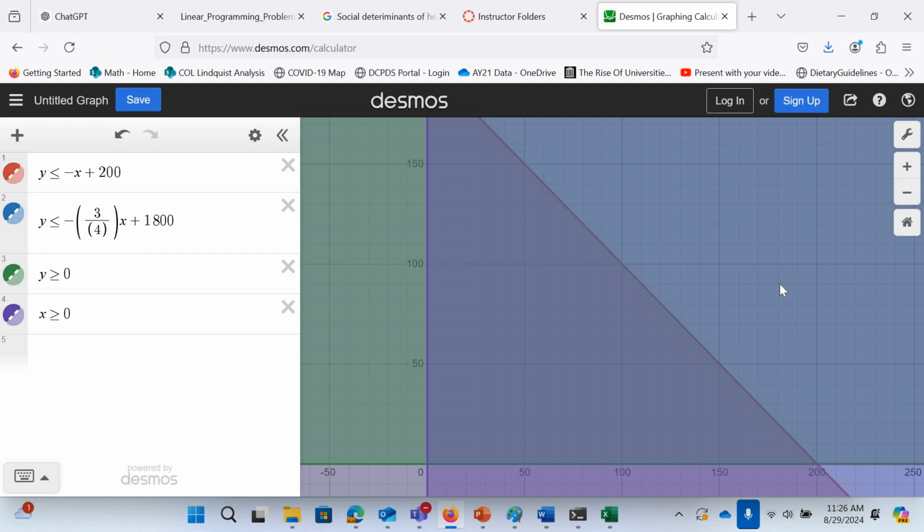And this one's my largest one. So my max is when I don't make any black and white TVs. And I make 200 color TVs.